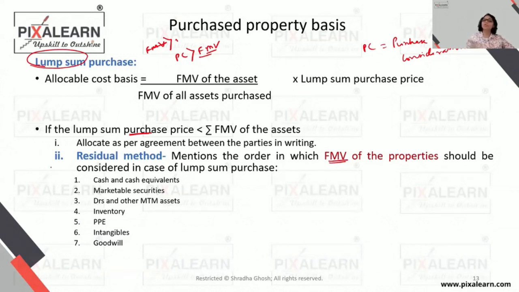You will not split everything on the basis of relative fair market values. We have stratified the entire thing. First, consume all of cash because I know cash will not reduce in value. Then go to marketable securities, debtors, other mark-to-market investments. Then go to inventory, then PPE, then intangibles, and in the end goodwill. And wherever you stop, that becomes the end point.